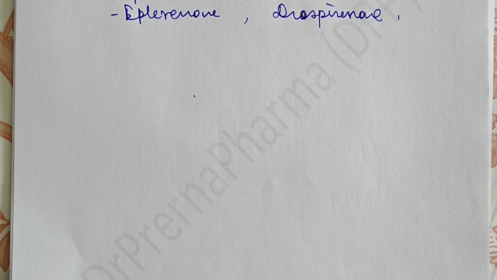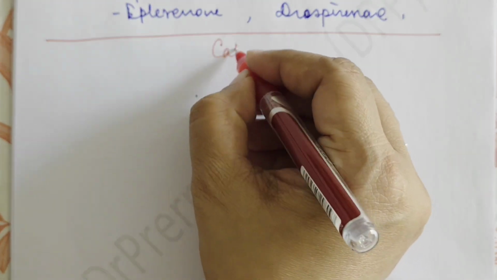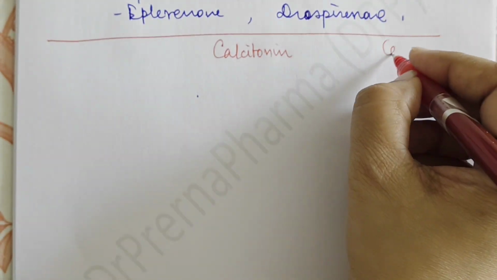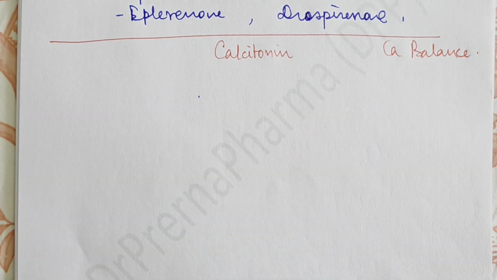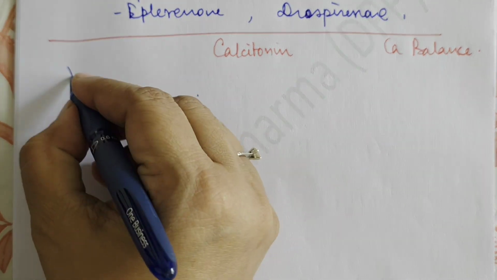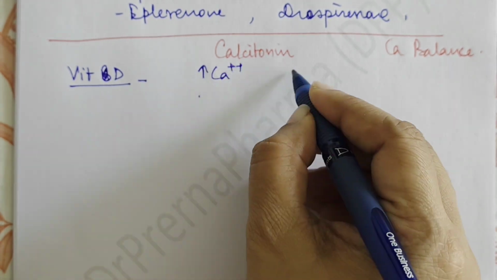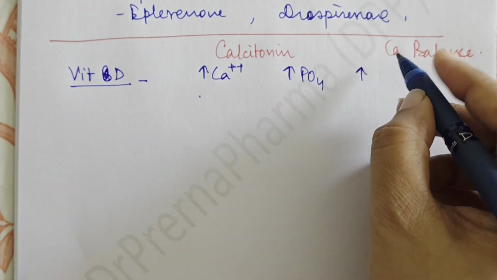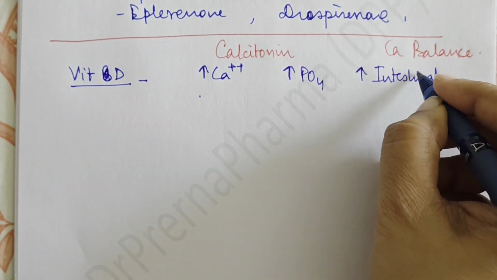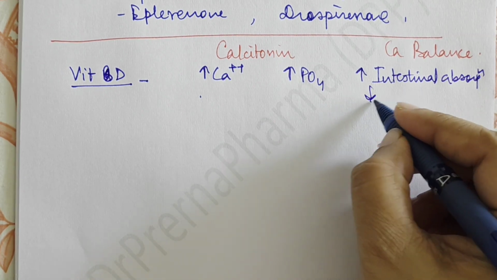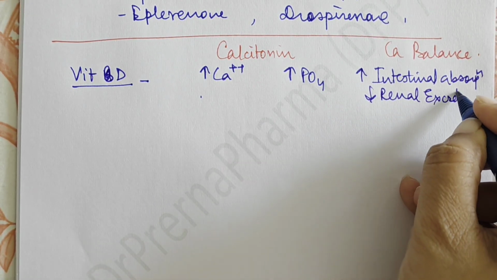Now the next category of drugs that we are studying is calcitonin, and drugs which maintain the calcium balance, right? Now in this there is vitamin D. So what does vitamin D do? It increases calcium, it increases phosphate in our bones, it increases intestinal absorption, and it reduces renal excretion of calcium and phosphate, right?